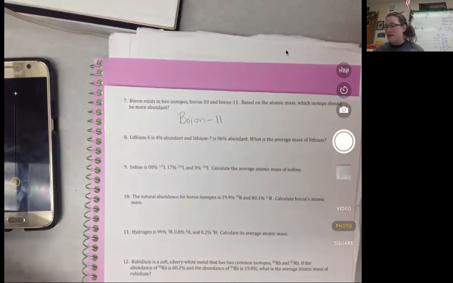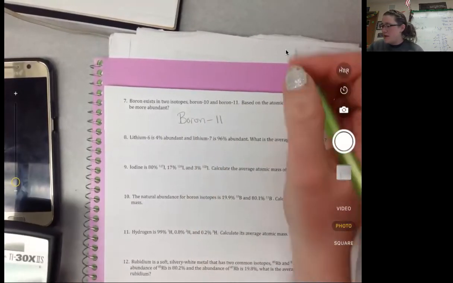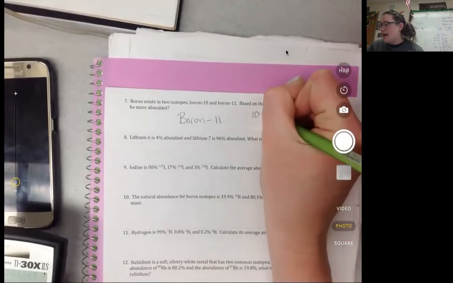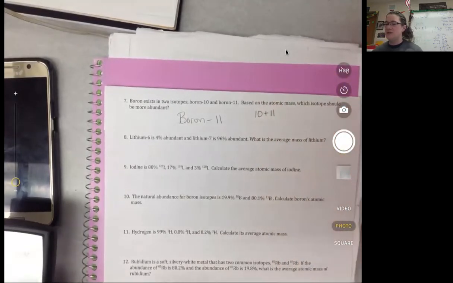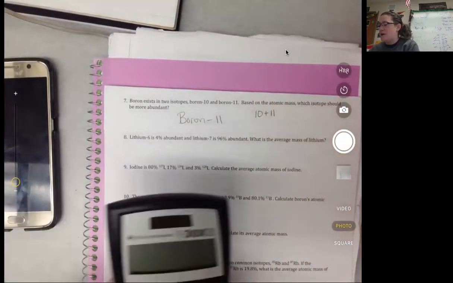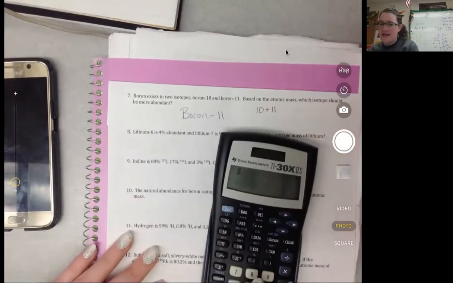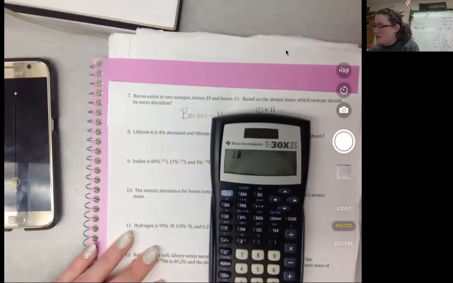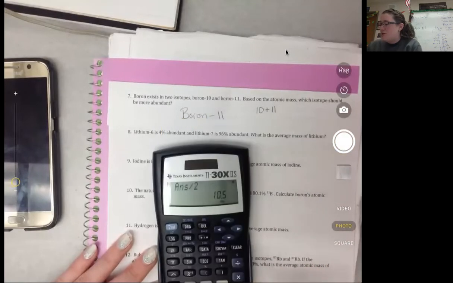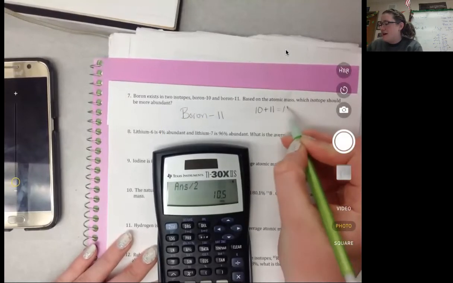Again, I'll just do the math in here. If you only had one of each element, say that we had an equal amount of them, then if I were finding the average, I would say 10 plus 11 equals, and then divided by 2, and the mass comes out halfway in the middle, 10.5.